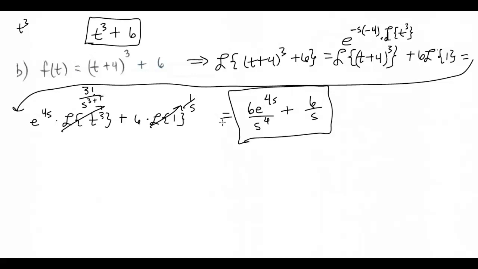Now we're ready to move forward and try to solve ordinary differential equations by using Laplace transforms. The next video is going to go over that, and that's when we're going to talk about the inverse Laplace transform and how we use that practically.